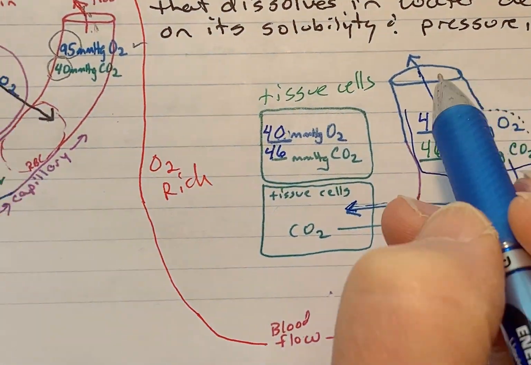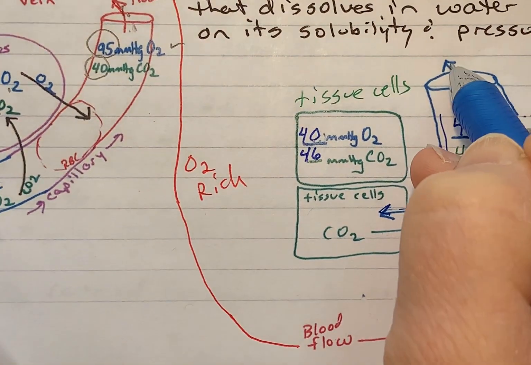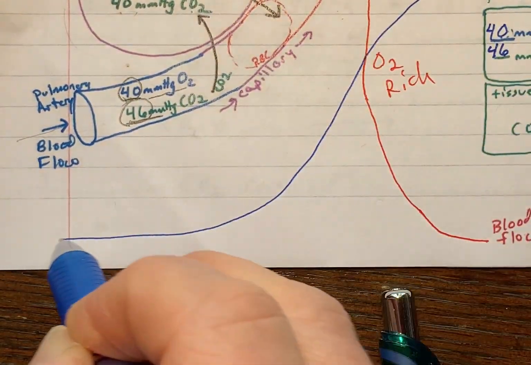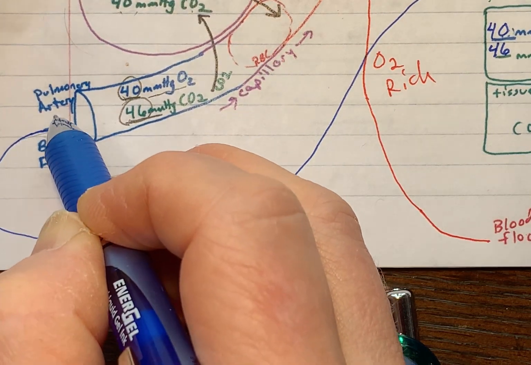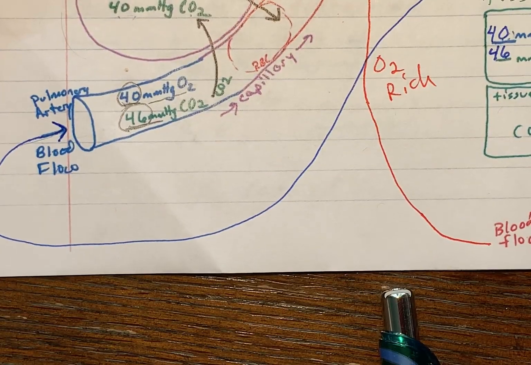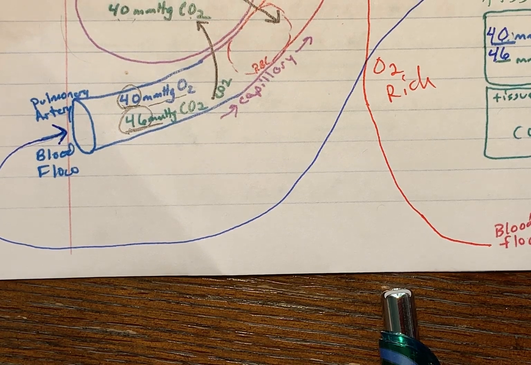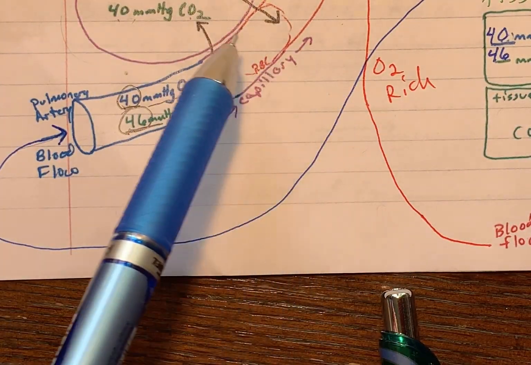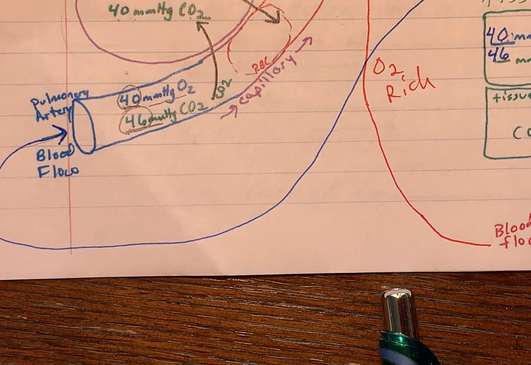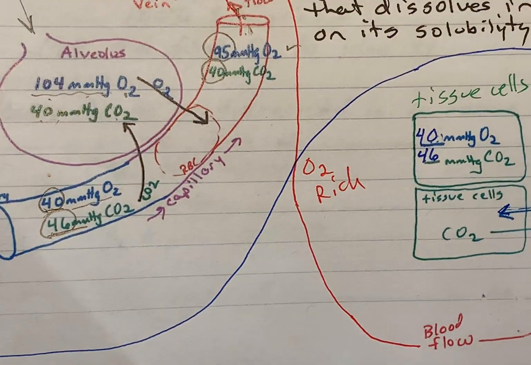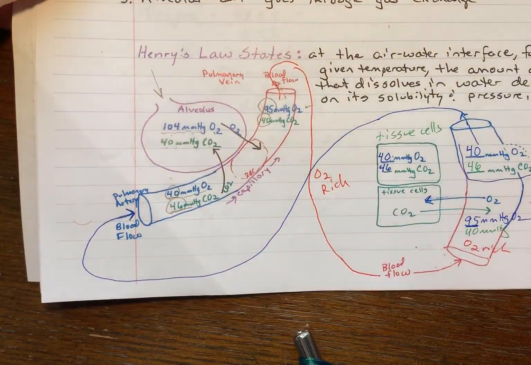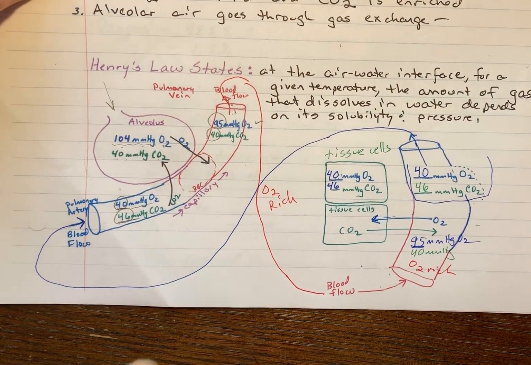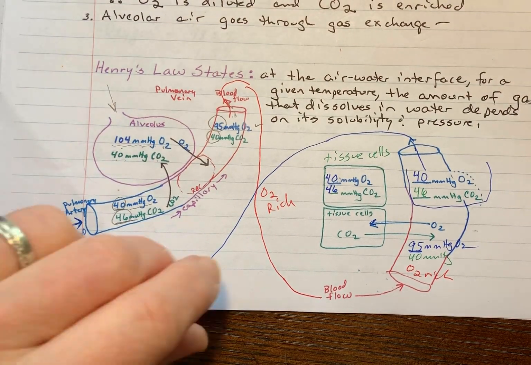So now let's follow this blood right here. Going. All right. And we do it over again. So this, Henry's law, depends on the partial pressures of which way the gases will go. So hopefully this made sense, and we'll move on.